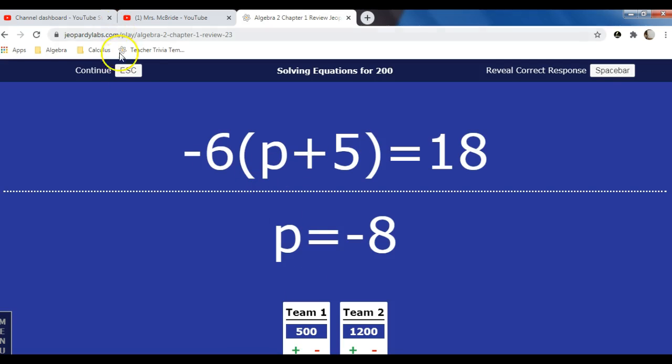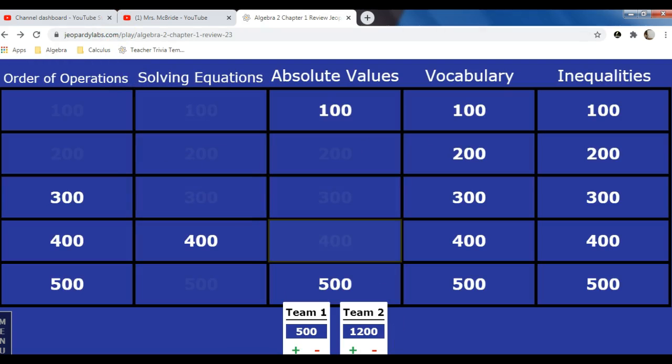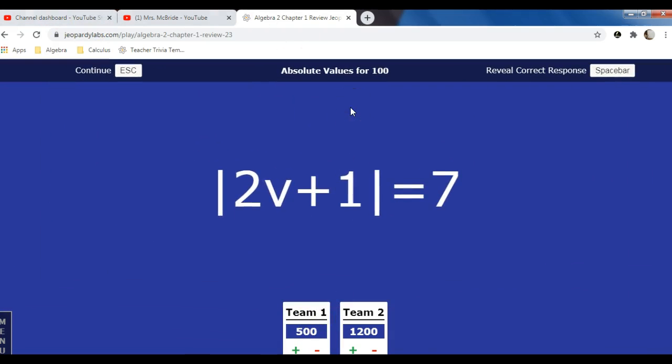Jordan, you get category and points now. Absolute values. All right, absolute values for 100. Okay, keep going.